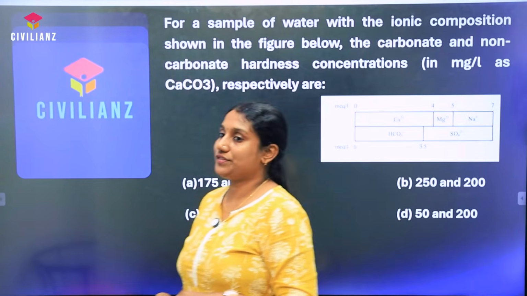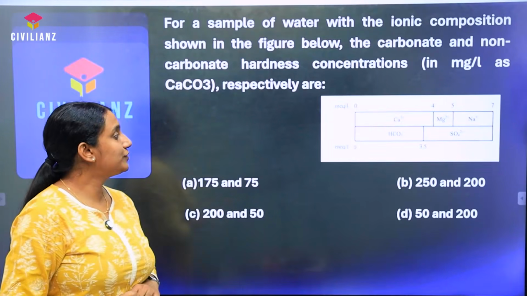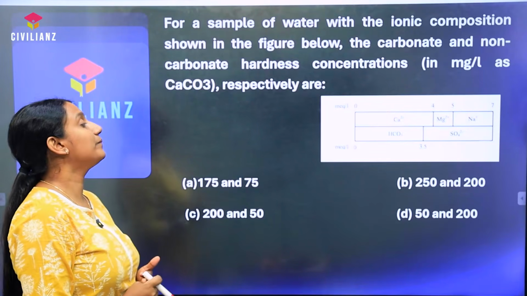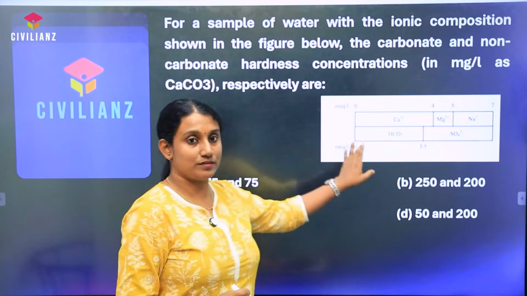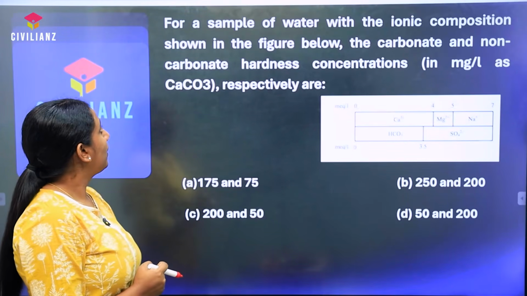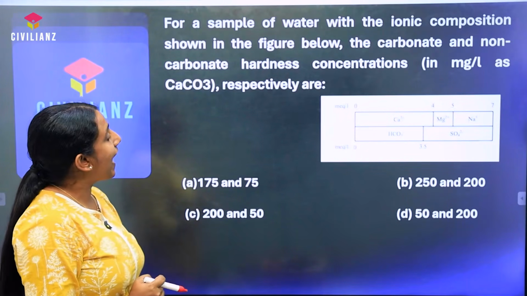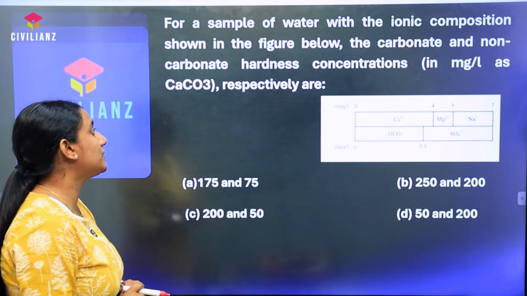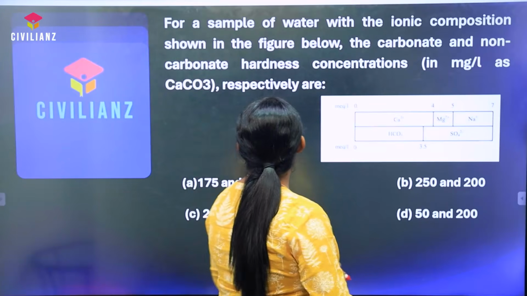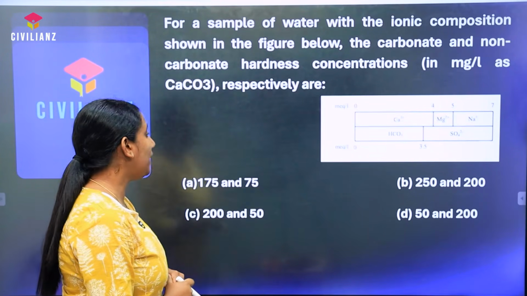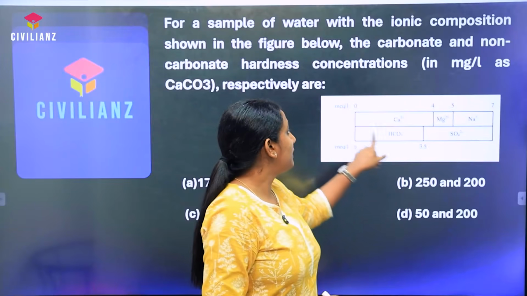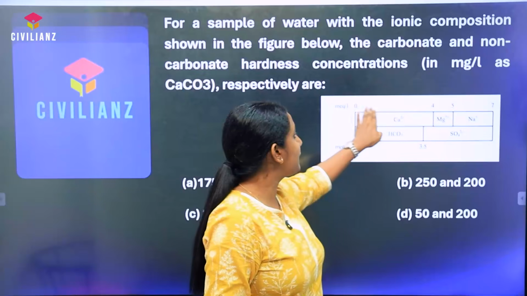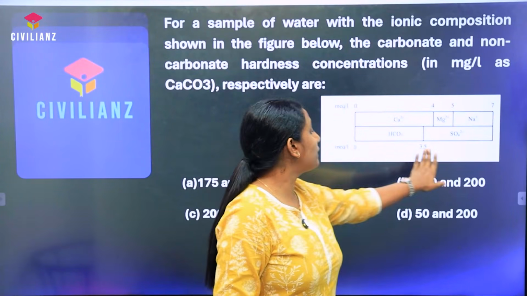So the next question, it's a problem. First you should write the question carefully and draw this figure, this chart. For a sample of water with the ionic composition shown in the figure below, the carbonate and non-carbonate hardness concentration in milligram per liter as CaCO3 respectively are: I'm giving a chart, Ca2+, Mg2+, Na+, already given in milliequivalent per liter: 0.4, 5, 7 and 3.5.